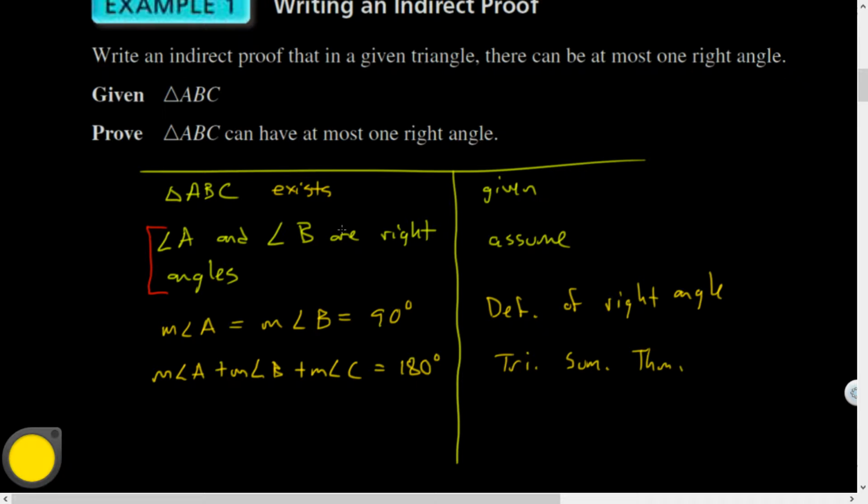We know that the interior angles of a triangle add up to 180 degrees. So by substitution, let's do some substituting and solve for the measure of angle C. So you guys do that.